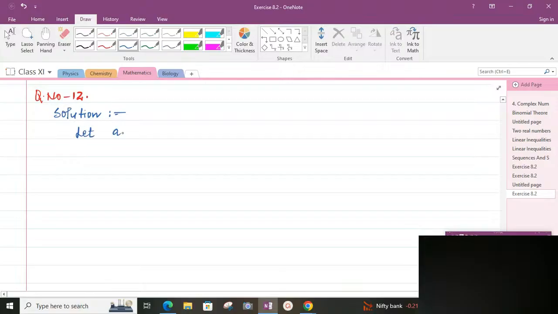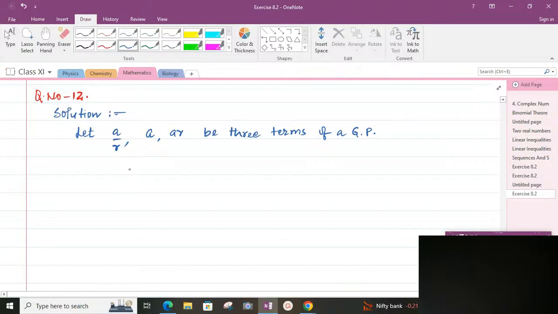Let a by r, a and ar be three terms of a GP.